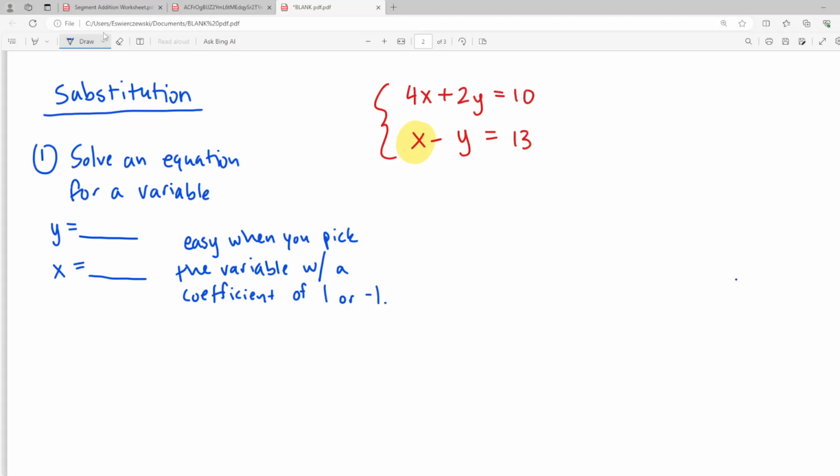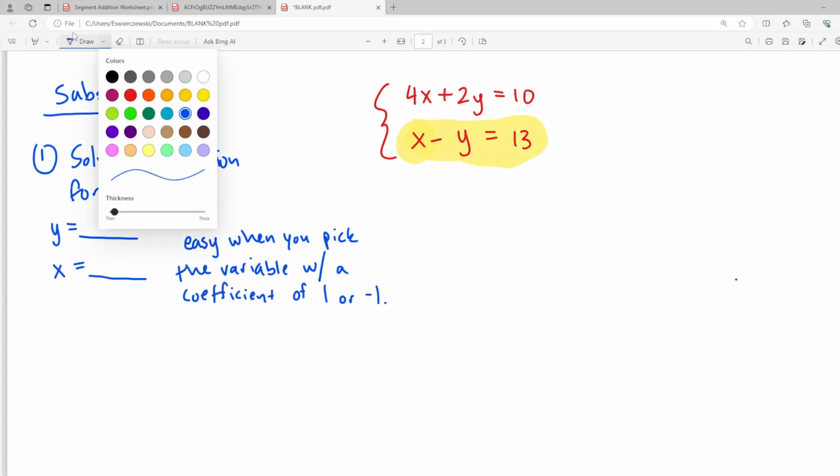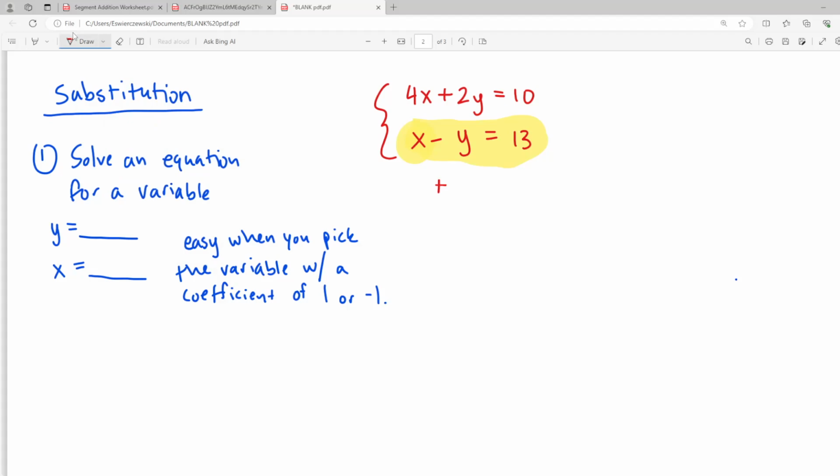If I want to solve it for x, I need to add y to both sides, because that's the opposite of -y. That cancels, and I get x equals 13 plus y. That would be step 1.